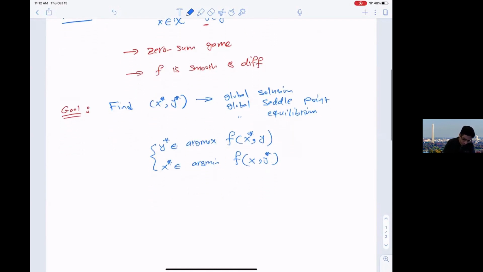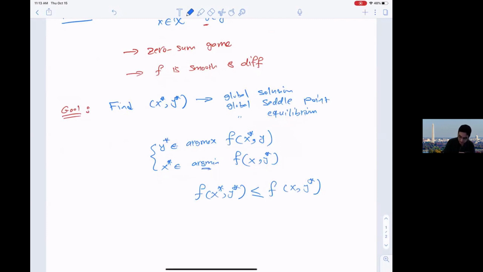Another way to write these two equations in one formula would be, let's say I have x star and y star. So f(x star, y star) should be less than or equal to f(x, y star). If I fix y star, this x star is the minimizer of this objective function.